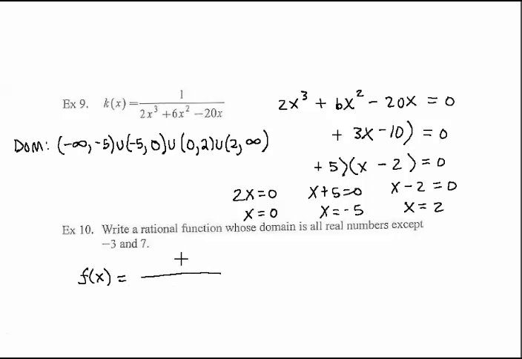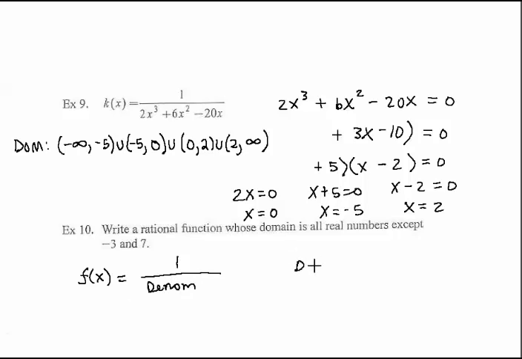And it doesn't really matter what the numerator is. We could just put a 1 like we had with k. But now it does matter what we put down here for the denominator. The denominator is what's on the bottom, and it's also what we've been taking and constructing our equation with.